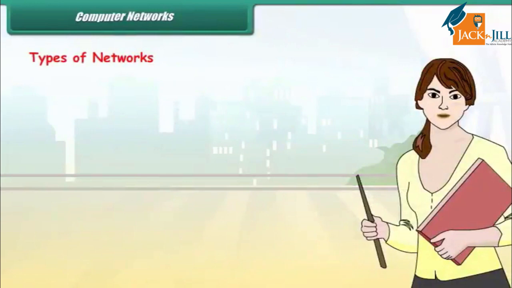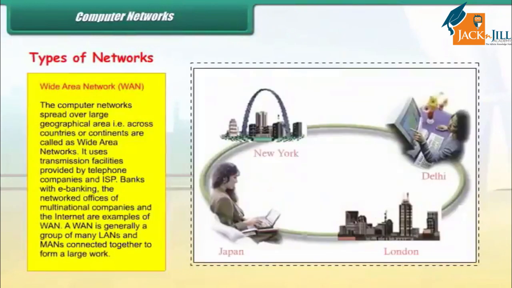Wide Area Network or WAN. The computer networks spread over a large geographical area, that is across countries or continents, are called wide area networks. It uses transmission facilities provided by telephone companies and ISPs.